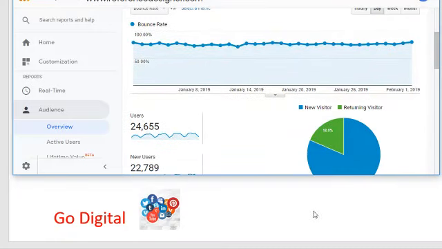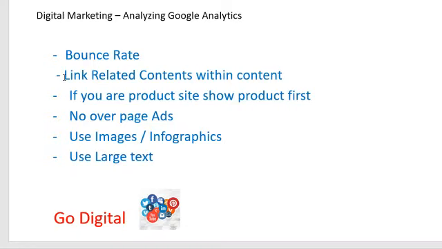How do we improve the bounce rate? How do we reduce it? There are a few suggestions that you can implement, but the most important thing is that anytime you make a change, observe it over a period of two weeks, three weeks, or a month to see if the change decreases your bounce rate.